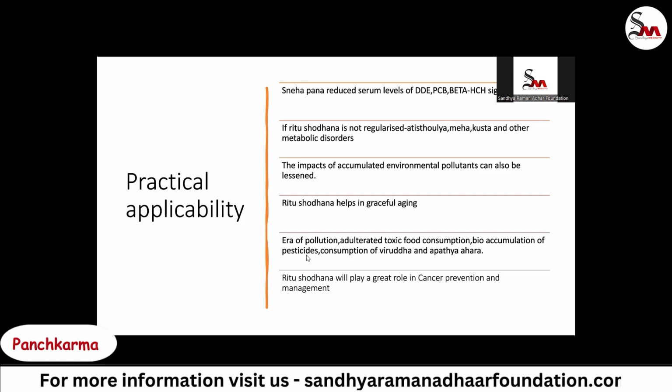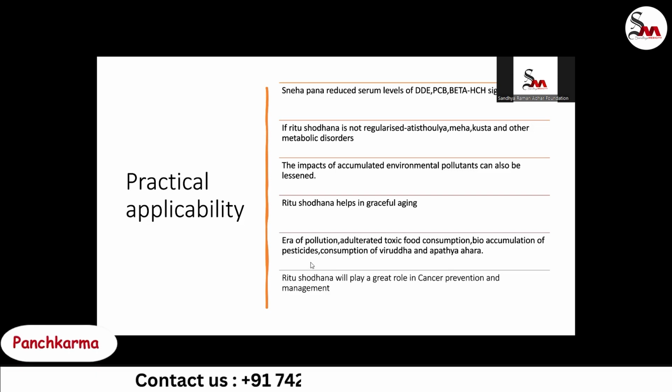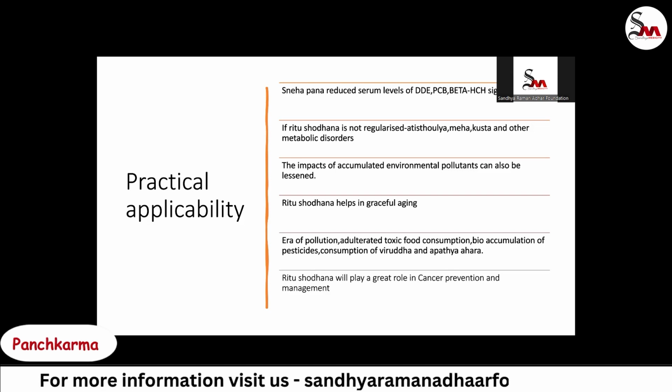Then we are in the era of pollution, adulterated toxic food consumption, bioaccumulation of pesticides, and we are known to consume viruddha and apathya ahara. A few days back, I saw in one of the cookery shows that one lady was preparing sabji with apple, a fruit which can be had just like that.